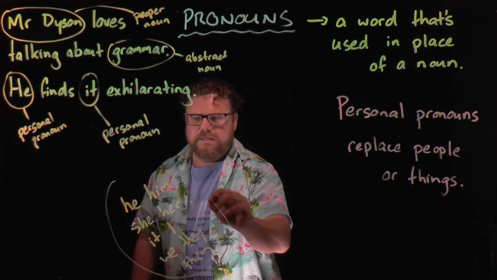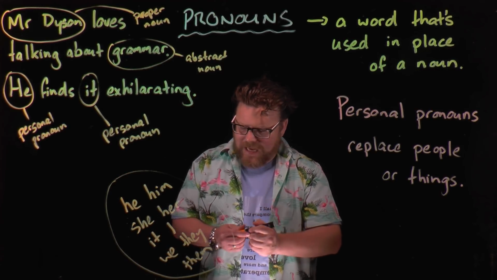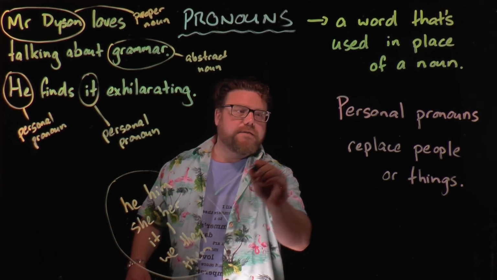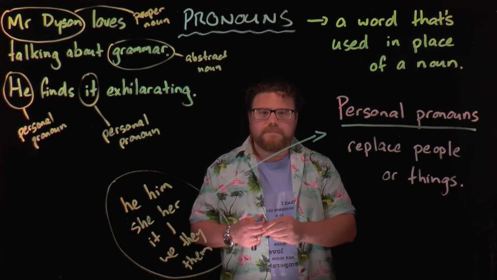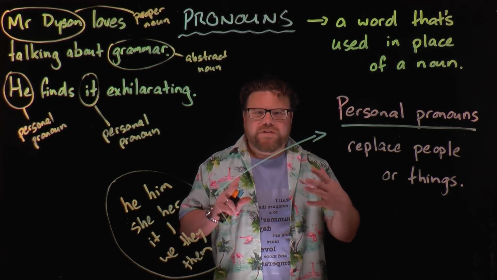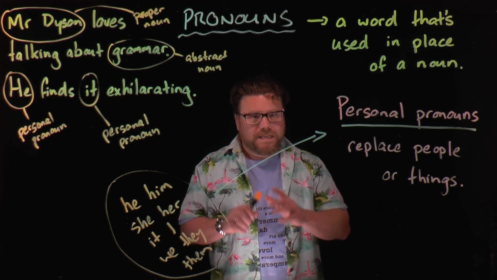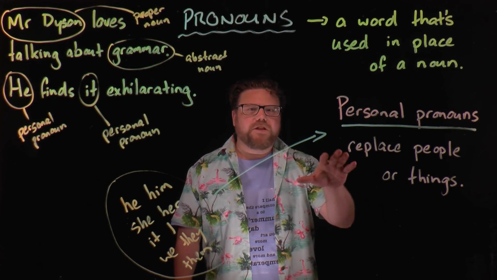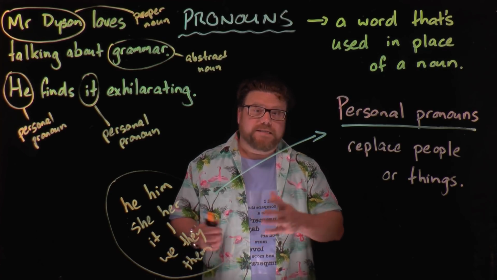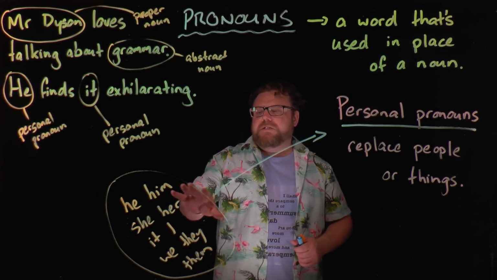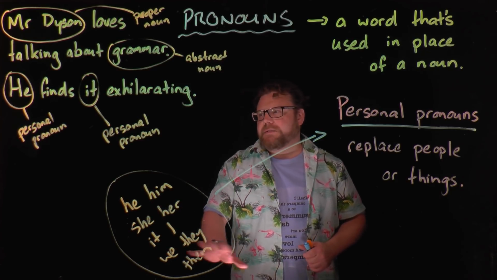So all of these are personal pronouns, this one here. So personal pronouns are one of lots of different types of pronouns. But let's just talk about personal pronouns because they are used a lot because they can replace people or things in a sentence, and in some cases places. So they're words like this.